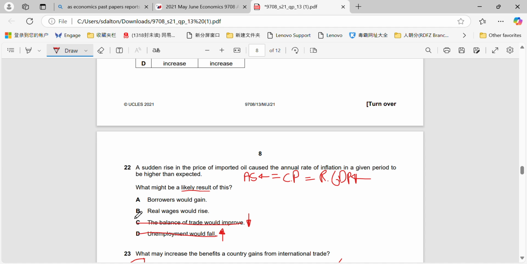Real wages would also not rise, real wages would fall when we have inflation. Borrowers would gain, that absolutely would be the case. If they're able to borrow at a fixed rate of interest, they would be able to gain as a result of the inflation that happens.